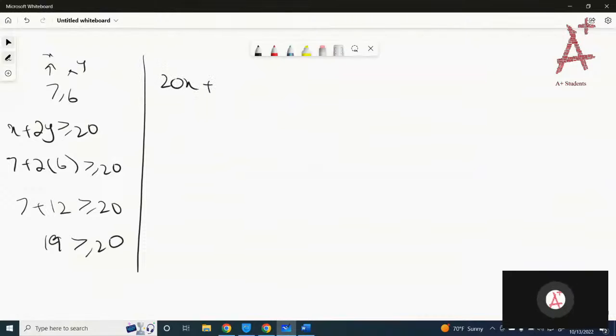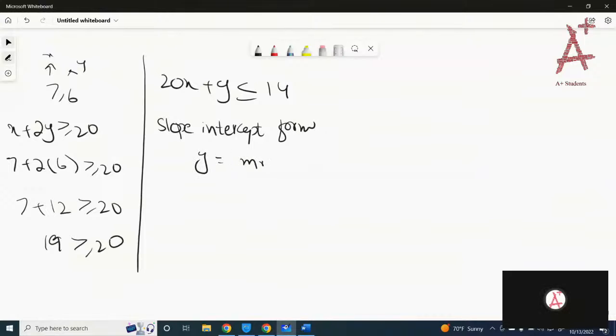The equation is 20x plus y. Actually, the slope intercept form is like this: y equals mx plus c. That means you have to isolate the y on one side and the rest of the things on the other side. So just write y on this side and shift the 20x to the other side.